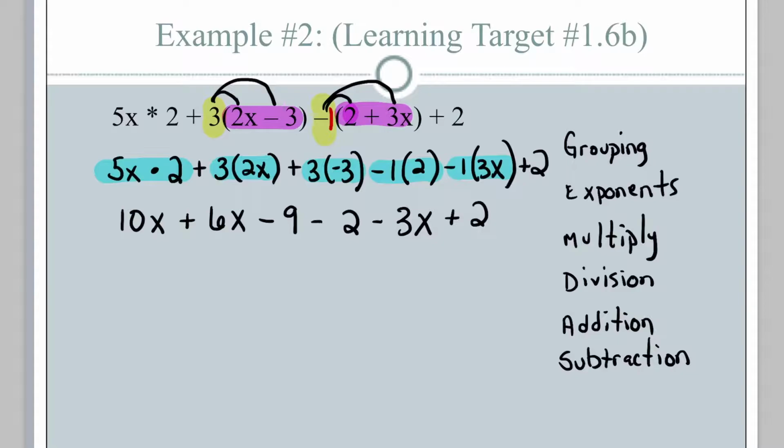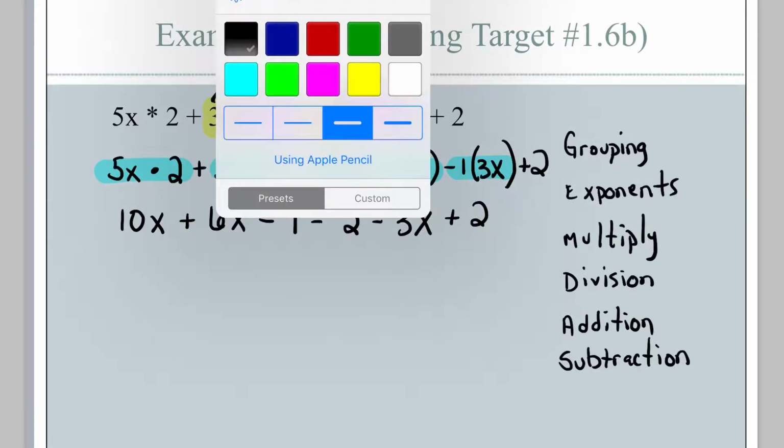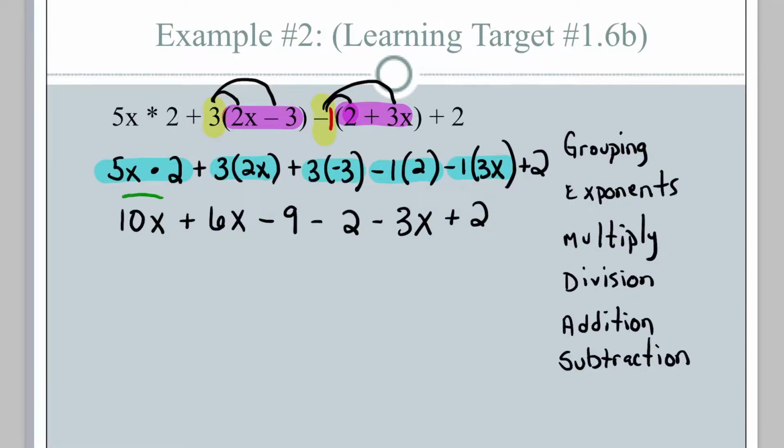But in order to do that, we must identify our like terms. And remember, like terms have the exact same variable raised to the exact same exponent. And so we have a 10x, which is an implied plus 10x because we want to keep our sign with the term.